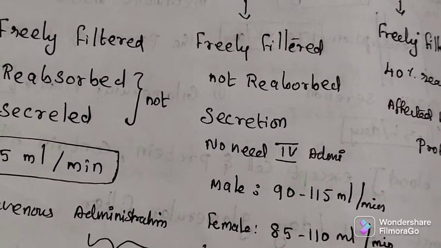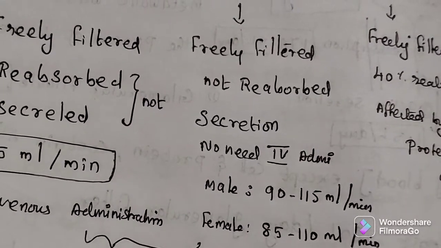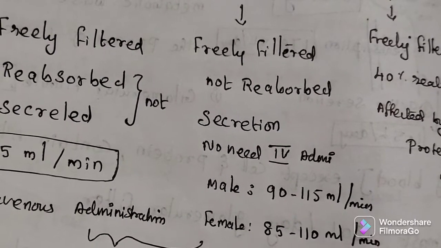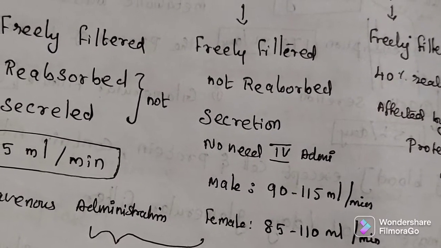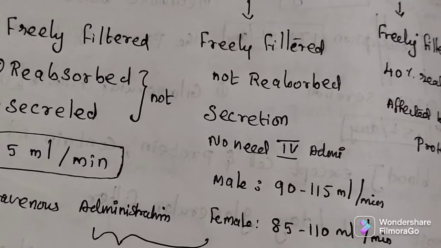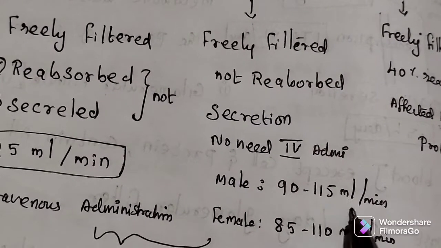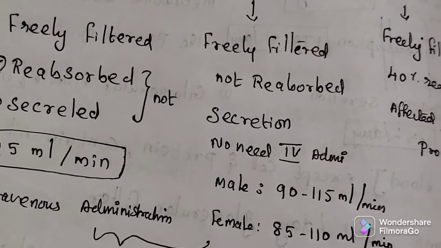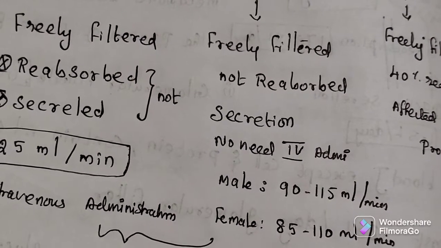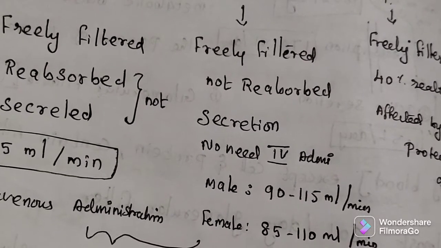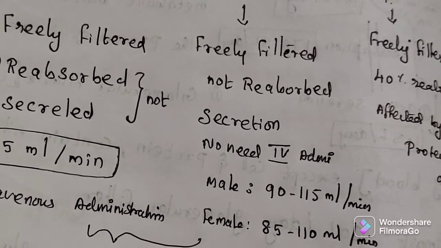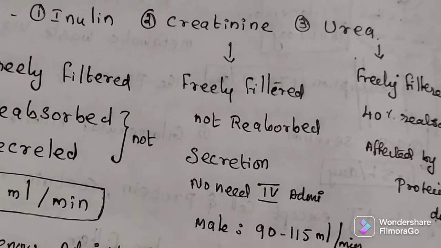But there is some amount of secretion. That's why the value of creatinine clearance is somewhat less. In case of male, 90 to 115 ml per minute. Female, 85 to 110 ml per minute, because of some amount of secretion into the renal tubules.